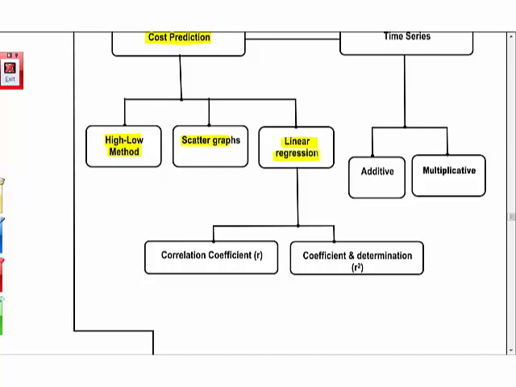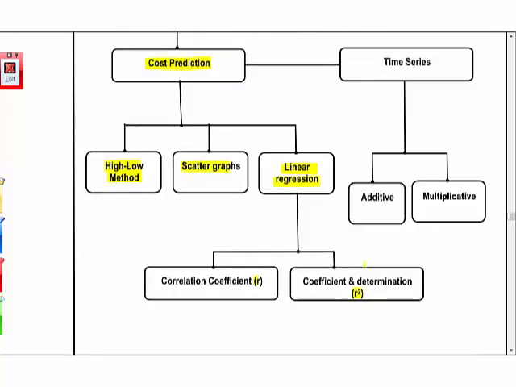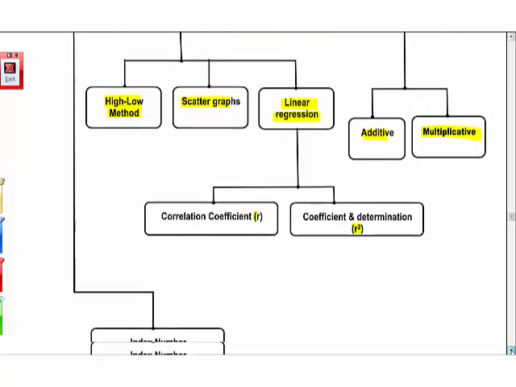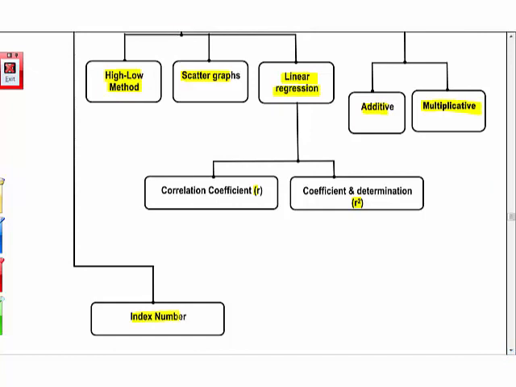And we'll be looking at the reliability of those calculations through R and R squared, so correlation coefficient and coefficient of determination. We'll be looking at two other techniques as well. We'll be looking at time series analysis, and there are two approaches to that, using the additive model and the multiplicative model. And then finally, we'll be looking at using index numbers to predict future costs.